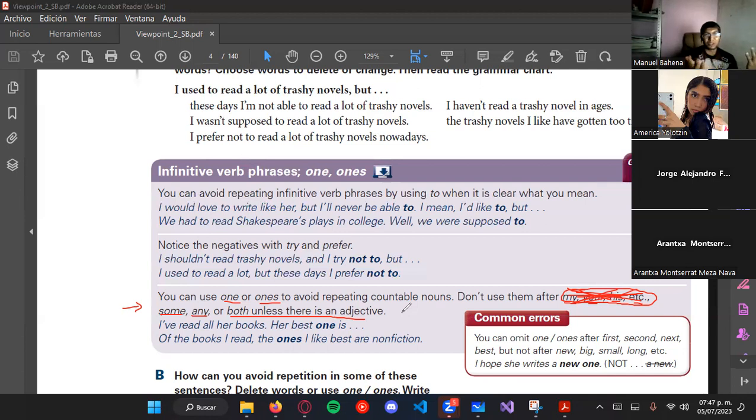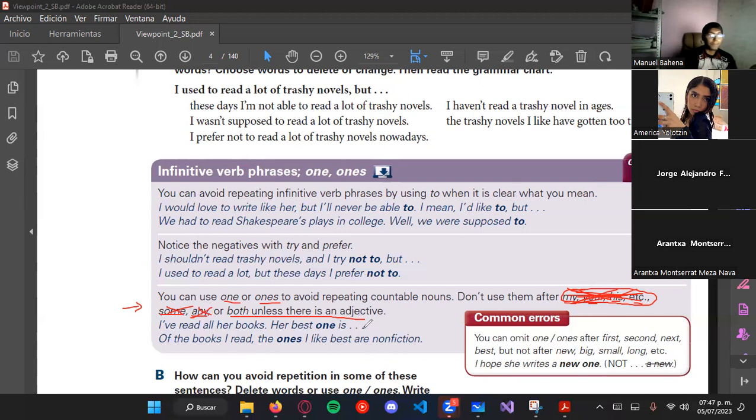También es como someone es algún, alguno, anyone es alguien. ¿De acuerdo? Yes. Que ambas se pueden utilizar para decir alguien. Entonces, por eso tampoco las utilizamos con estas de aquí. Unless there is an adjective. A menos que haya un adjetivo. ¿De acuerdo? Yes.